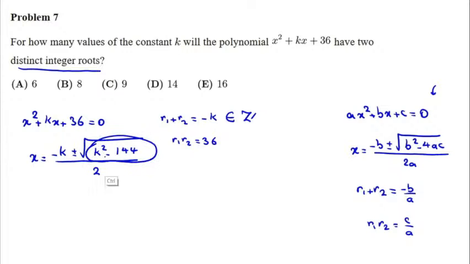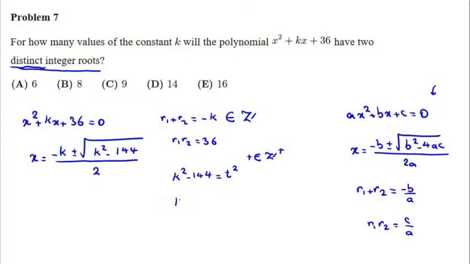This part, k squared minus 144, because it is inside the square root and I want integer roots, should be t squared. And we can say t is a positive integer because it cannot be 0, because the problem says distinct. If it is 0, then we have one root, not distinct roots. So t should be a positive integer.